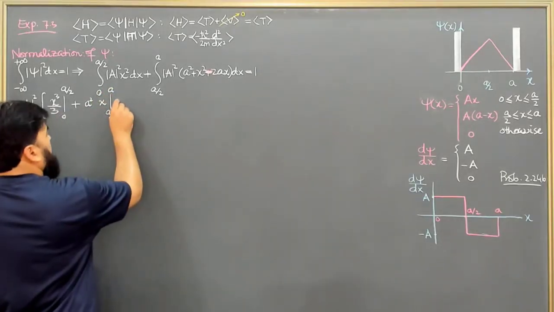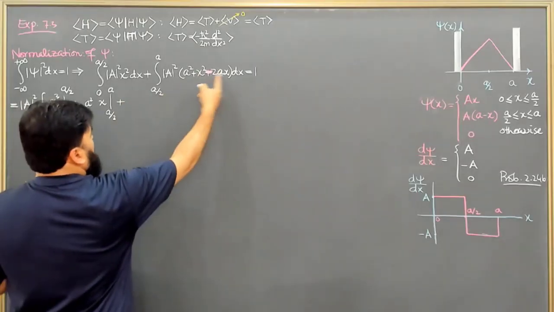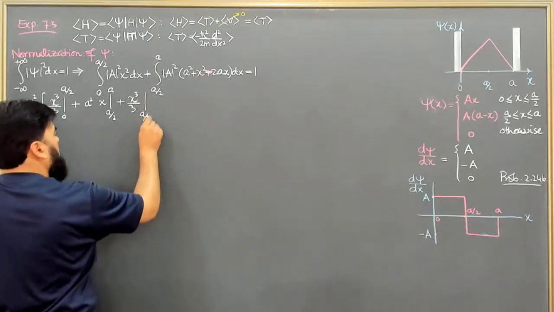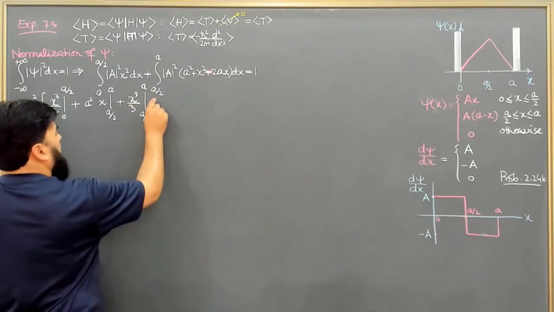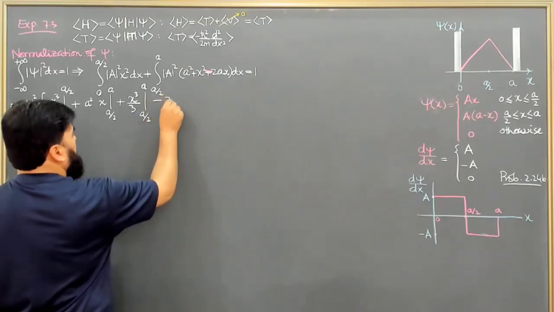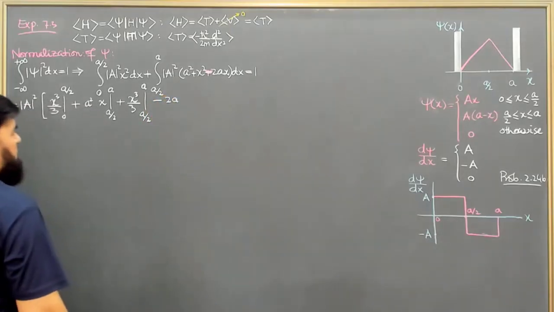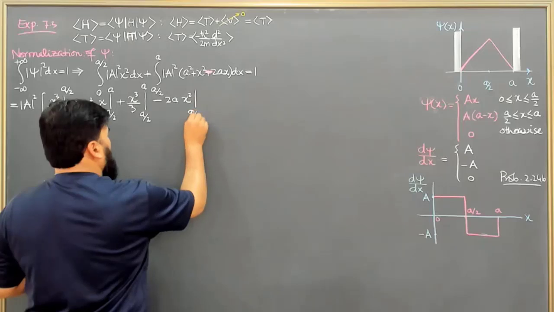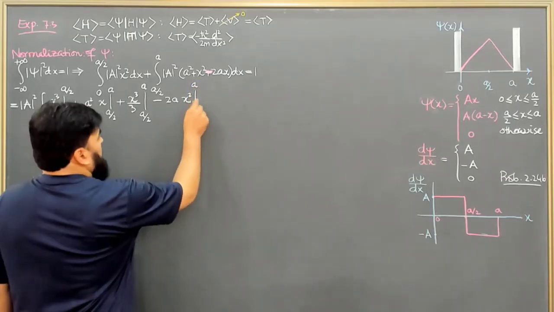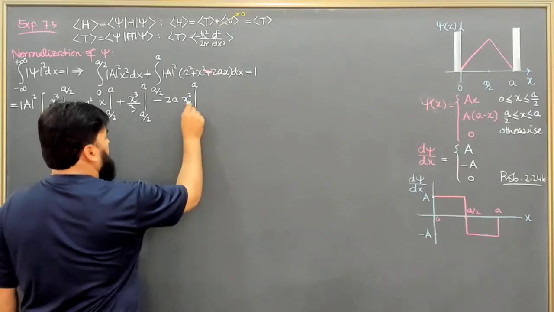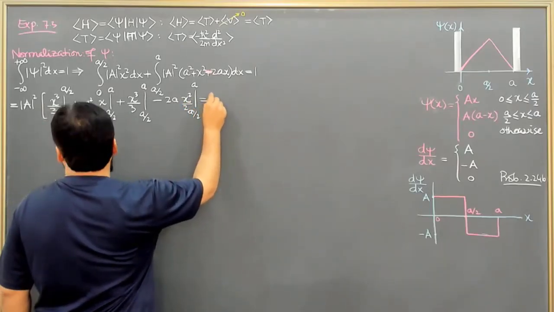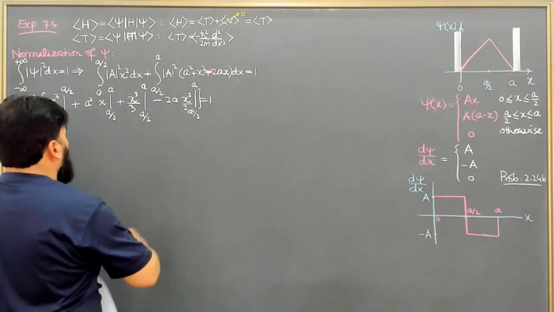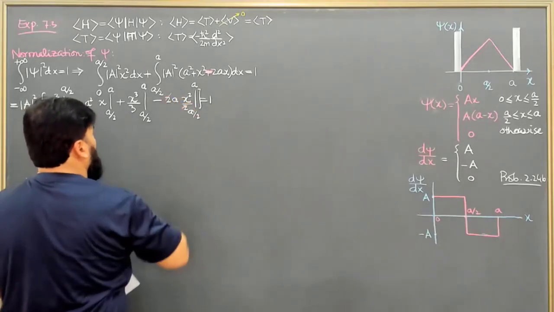Similarly, plus x cube over 3 from a over 2 to a, and minus 2a, then x dx will come out to be x square over 2 from a over 2 to a. Now we have a closed bracket here, equal to 1, and we are having some cancellation here, 2 with 2.